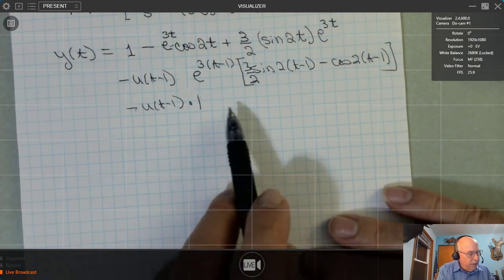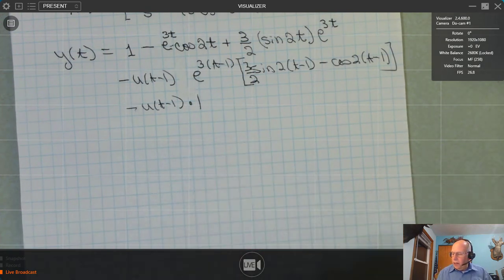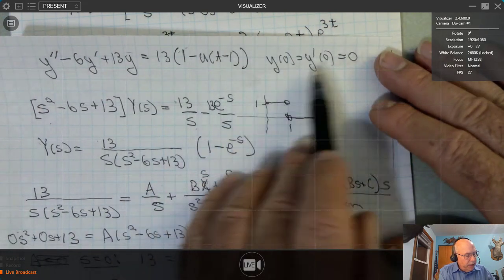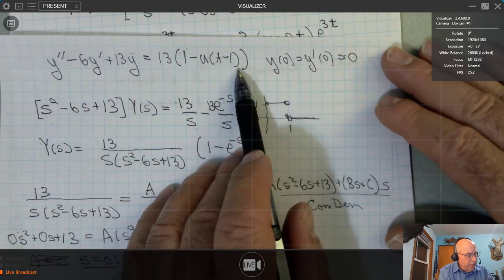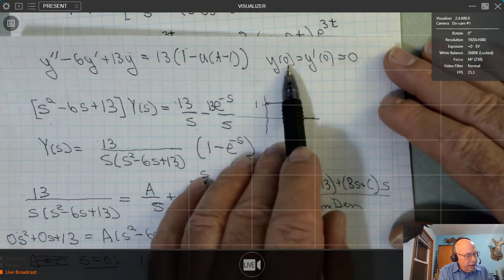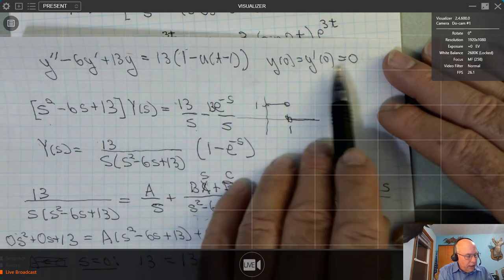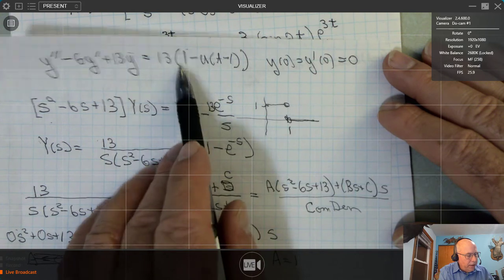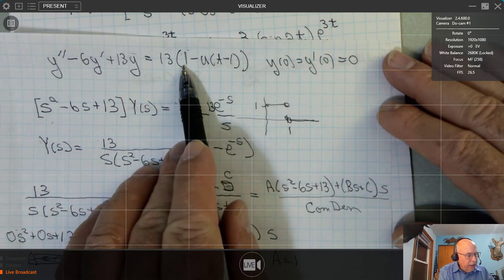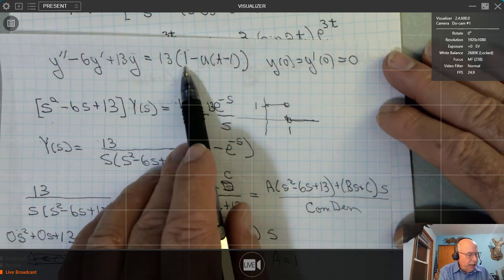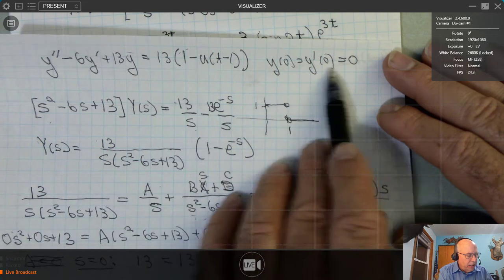All right, now if you go back to the original ODE, it was supposed to be a system that was quiescent, except, well, it started as quiescent, but it had a constant force on it. So that force would begin to move the system away from static equilibrium immediately at 0.